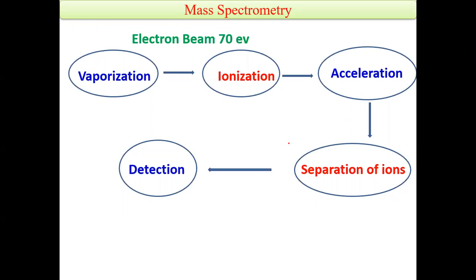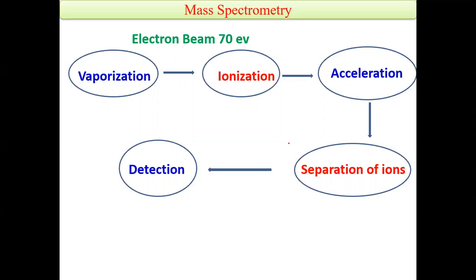The basic functioning of mass spectrometry is that the sample is vaporized and bombarded with a high energy electron beam, which causes ionization of the sample, and the ions are accelerated under the effect of an electric field.